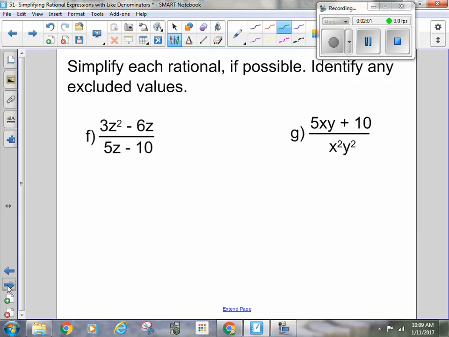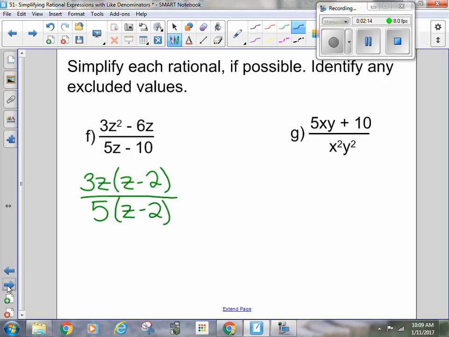In the numerator, I'm going to see that I can factor out a 3 and a z, and I'm left with z minus 2. In the denominator, I'm going to factor out a 5, and I'm left with z minus 2. So I can cancel out my z minus 2's. So I have 3z over 5.